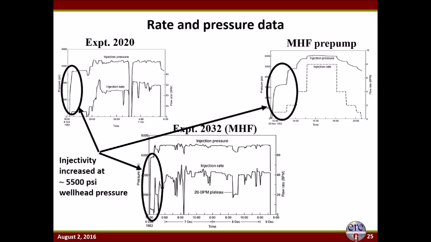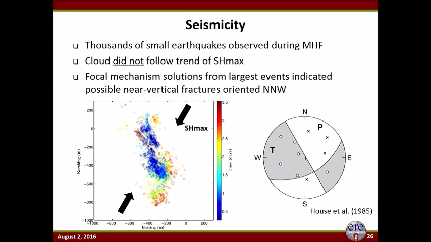And then upon reaching this kind of critical threshold pressure of about 5,500 psi wellhead pressure, injectivity increased dramatically. And so further increases in the injection rate were only followed by modest pressure changes. So that was something that we wanted to try and capture in our model.